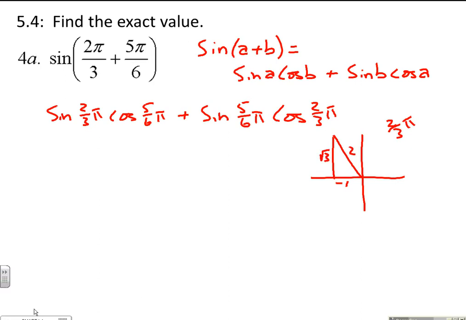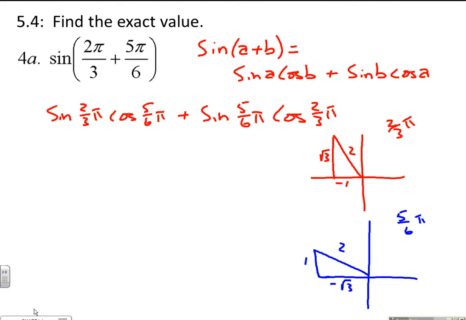And now let's take a look at our 5/6 pi triangle. 5/6 pi is 5 rotations of 30 degrees. Gets us into the second quadrant right here, 30-degree reference angle, 1, 2, root 3, but of course we're to the left. So let's go ahead and continue from there.